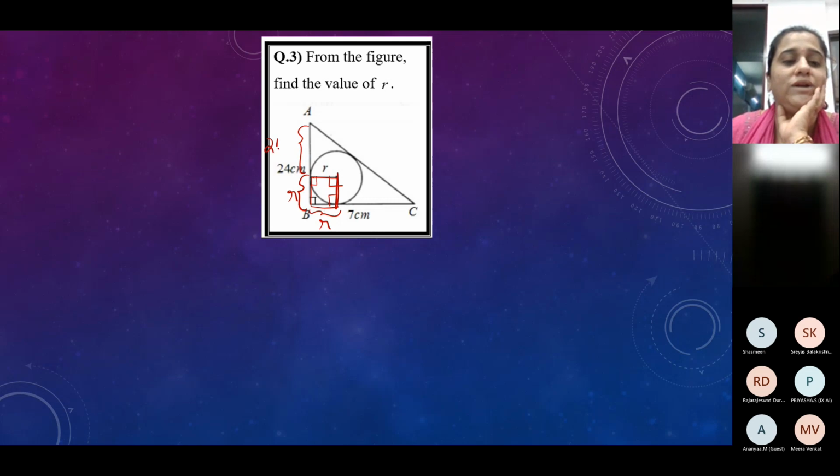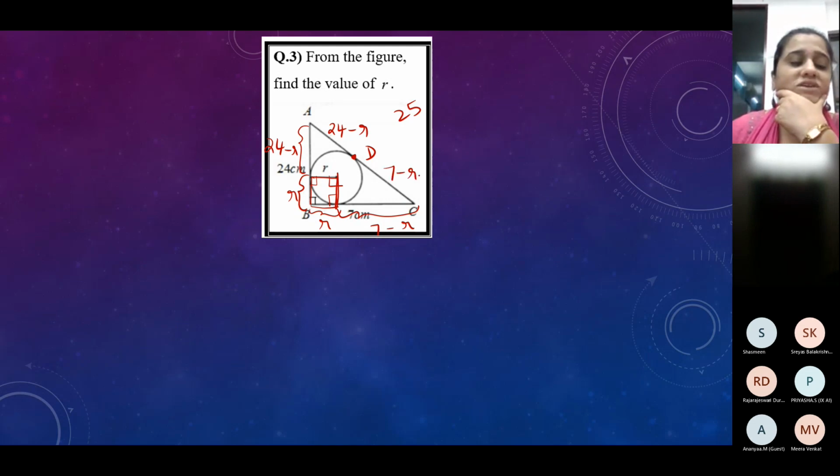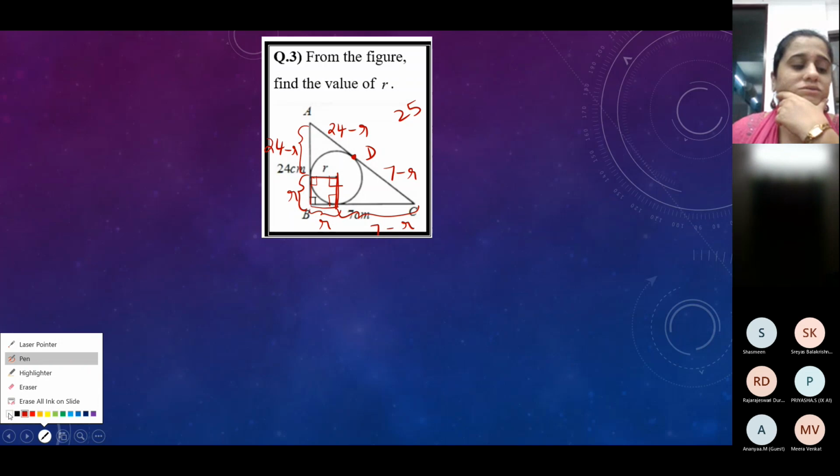Then how much is this? 24 minus R. How much is this? 7 minus R. How much is this one? Hypotenuse, 25. Let me just take a point, whatever, D. How much is AD? 24 minus R. How much is CD? 7 minus R. Now, what is the equation you can construct?